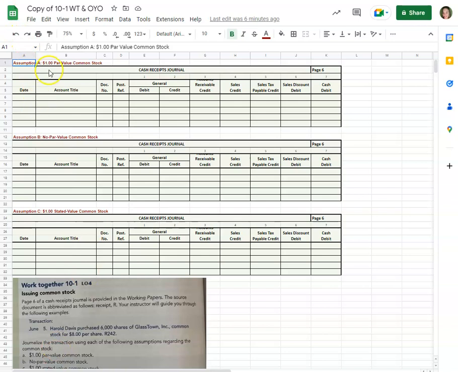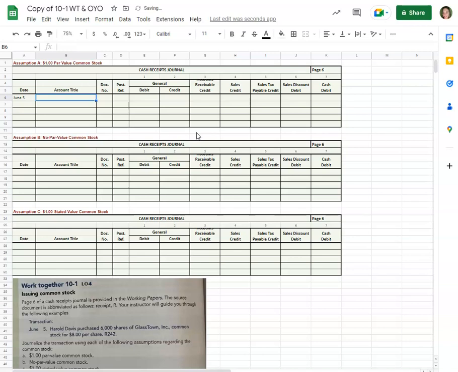In assumption A, we have $1 par value. So the journal entry will be June the 5th, and the account title we're looking for is Capital Stock Common. Document number looks like receipt 242.